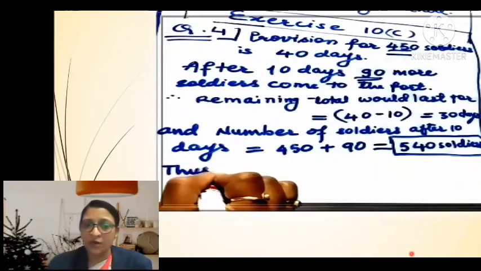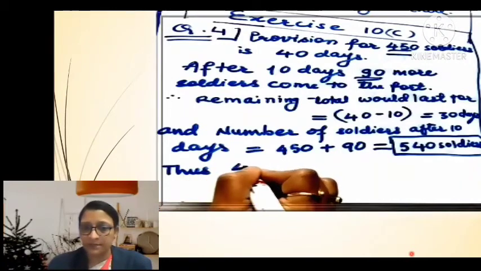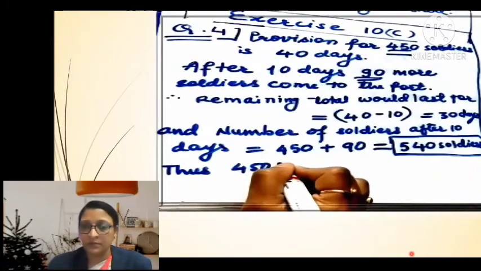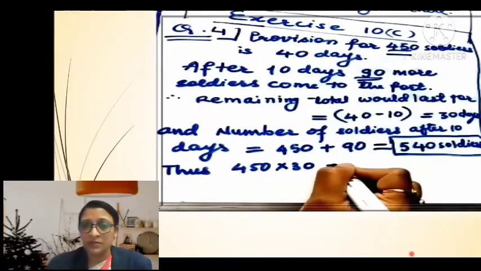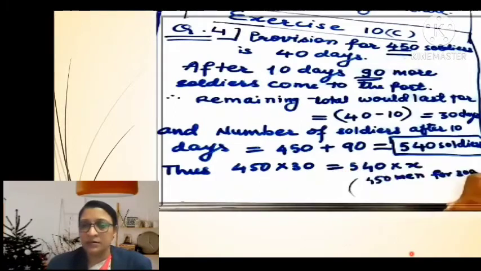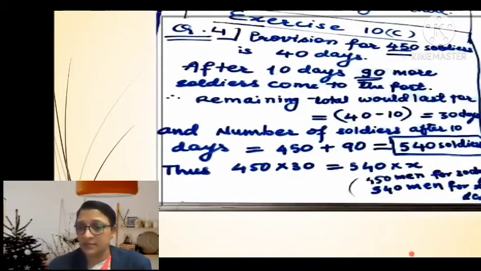So let us go for the next step. As we have to calculate the provision required for 450 men for 30 days, we will do 450 multiplied by 30 equal to 540 into x. So here the provision will last for x days for 540 men.